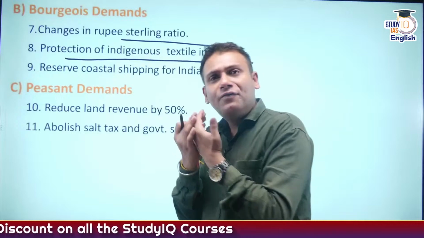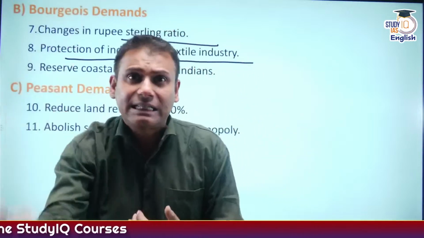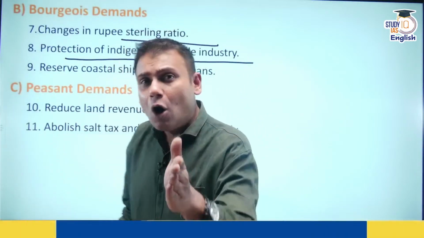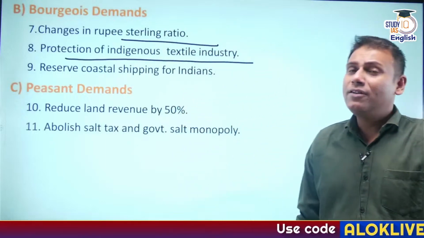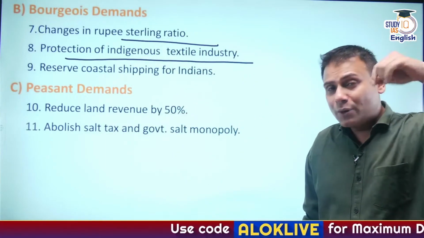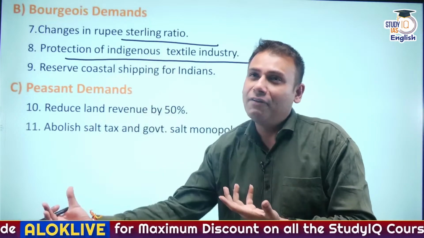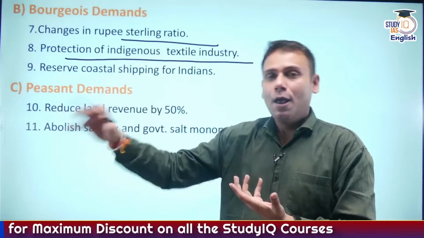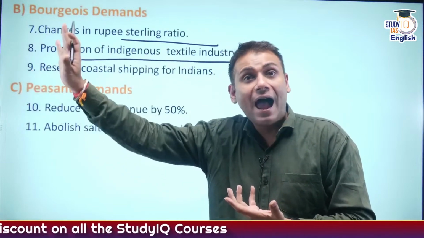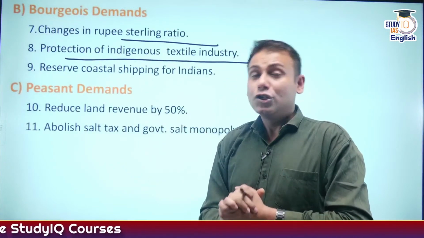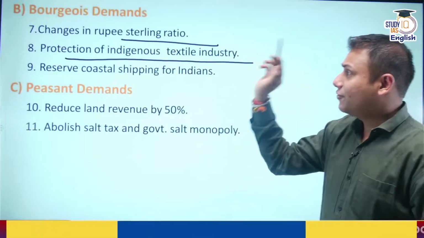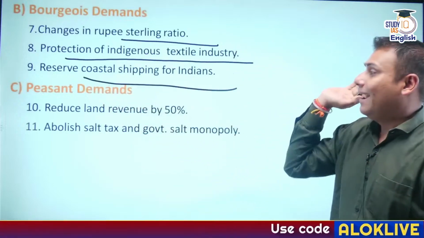Ultimately, the demand for these handicrafts fell drastically. So this is how Britishers paralyzed our rural industry. But when the Swadeshi movement was in vogue, what happened? There was a revival of Swadeshi textile mills, particularly in the regions of Gujarat and Bengal. So, protection of the indigenous textile industry and reserving coastal shipping for Indians.